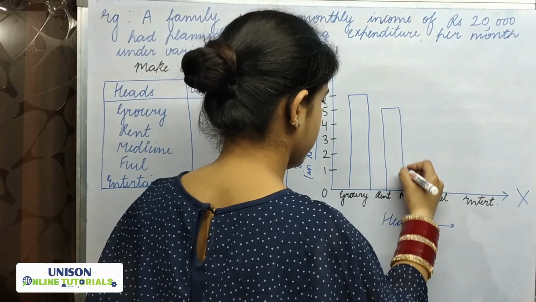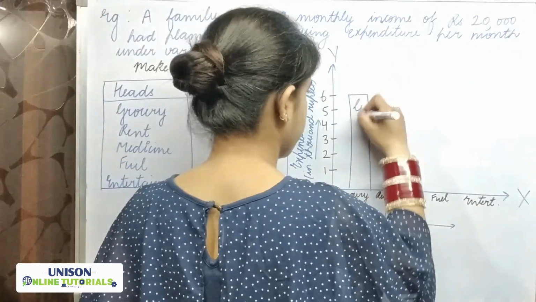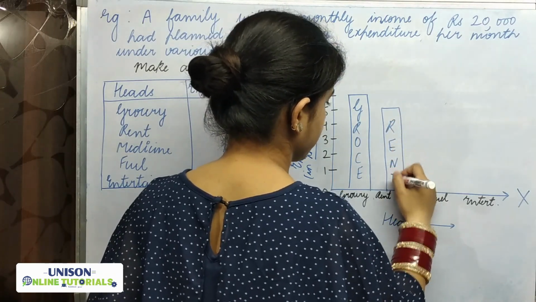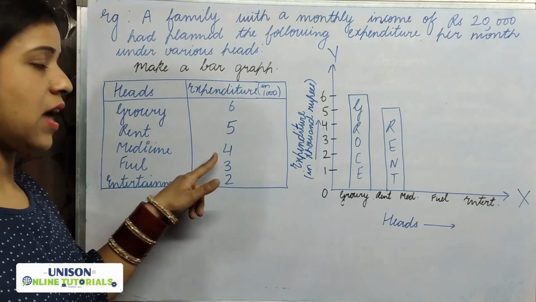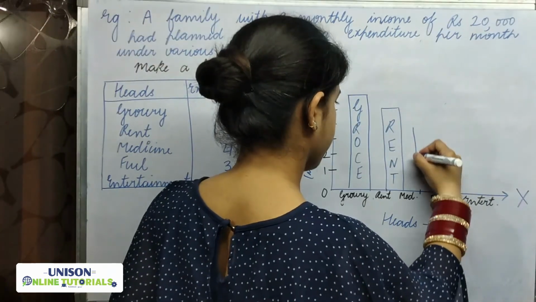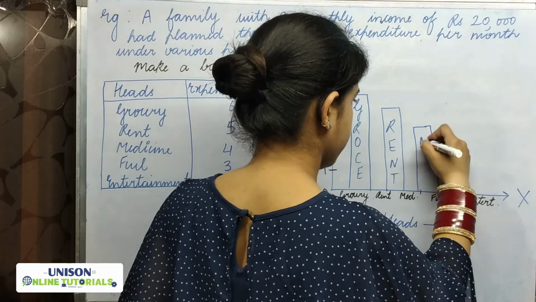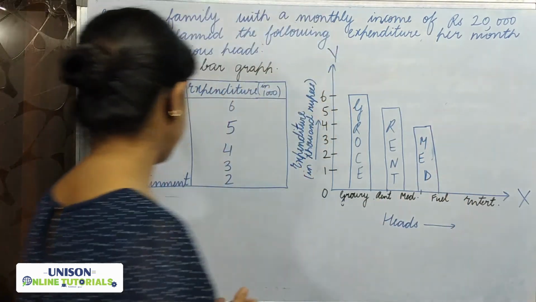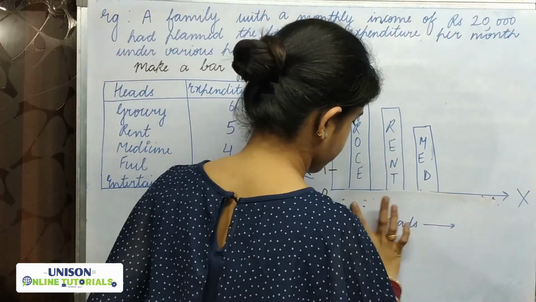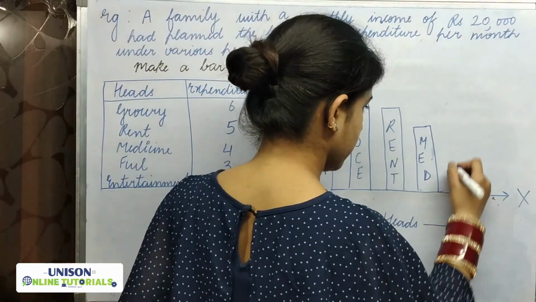If you are getting confused here, you can write here grocery, rent. Okay, third one, medicine. On medicine they have spent 4,000. Again, spacing will be the same. This is for medicine. Now next one, on fuel they have spent 3,000. Again, spacing will be equal.